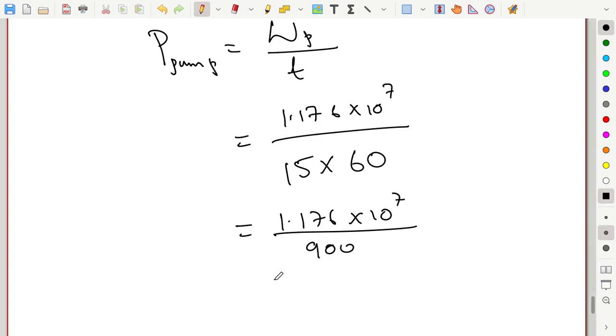So this value is 0.130666 into 10 power 2, which becomes 10 power 5.